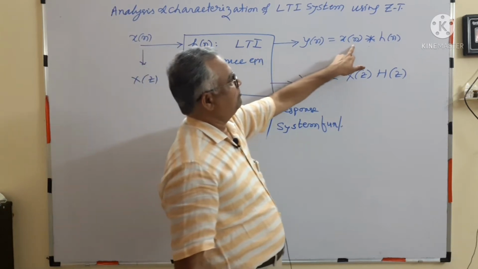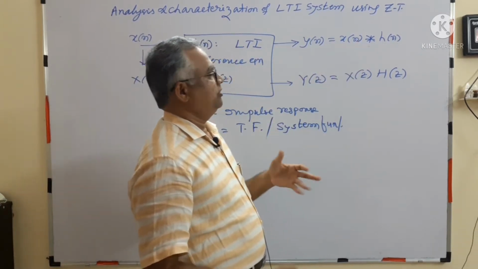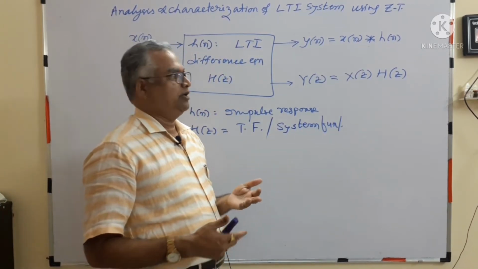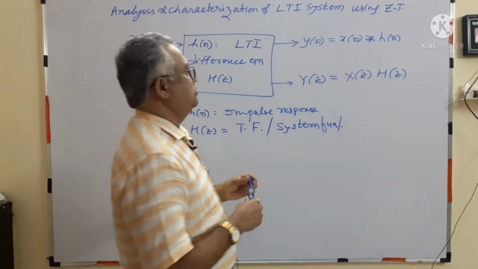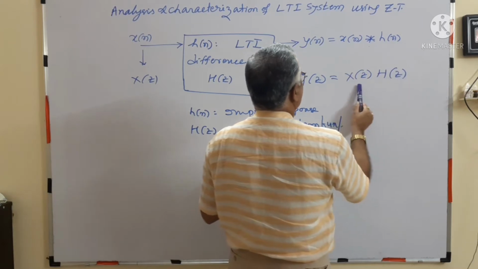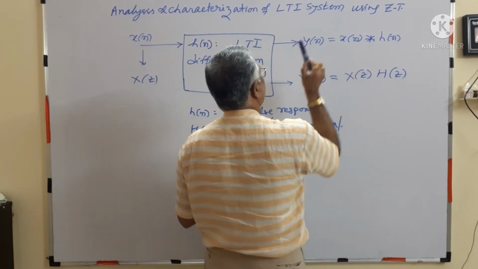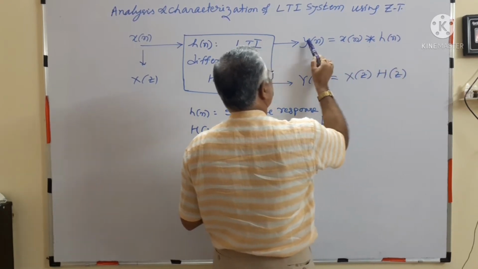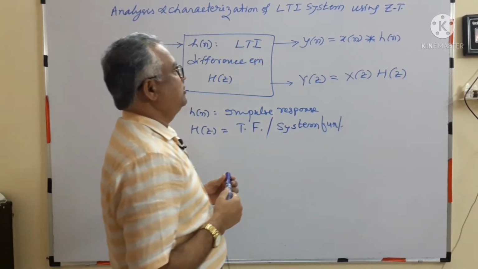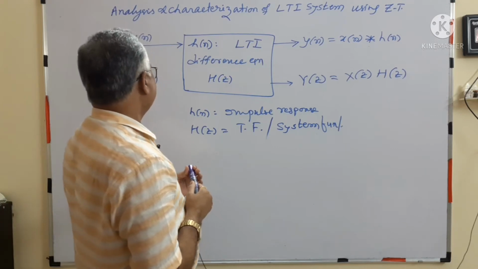Then this input can be any arbitrary input. It can be impulse, it can be step, it can be any kind of input. Just by multiplying, then inverse will give output. Or by doing this convolution straight away also you can find y of n.